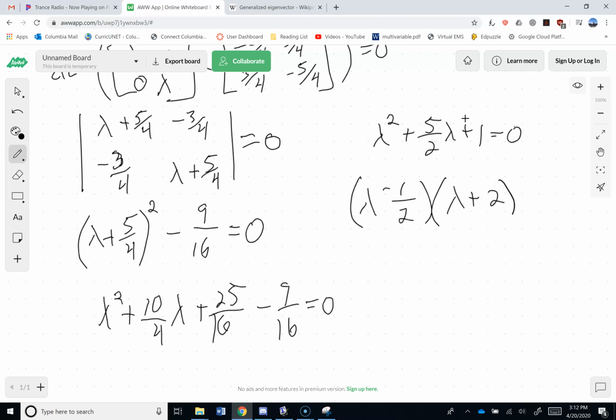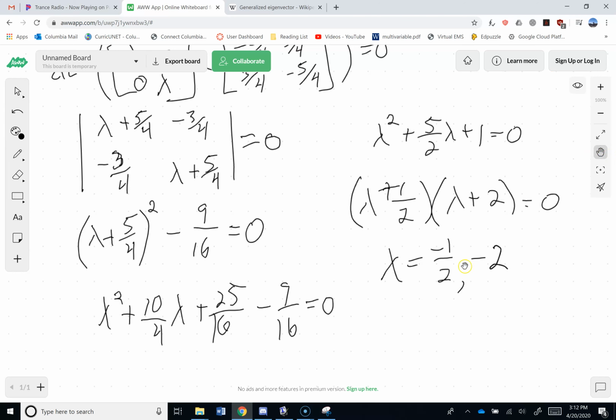Lambda plus 1/2 and lambda plus 2. Yeah. And then I see what you were saying. So lambda is minus 1/2 and minus 2 are my eigen, what are those? Your eigenvalues.